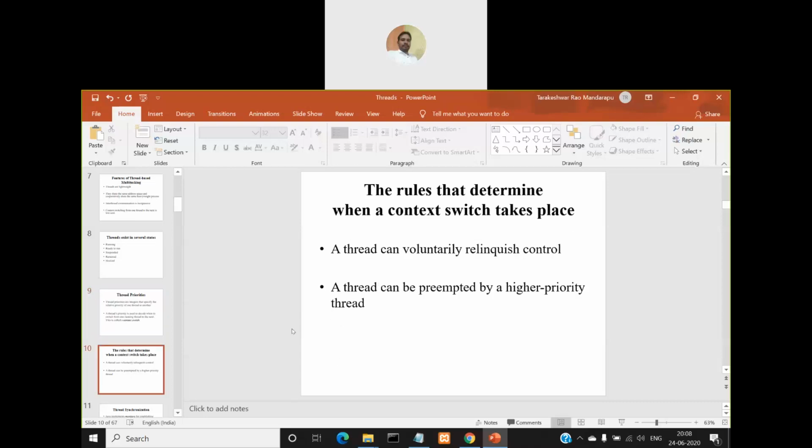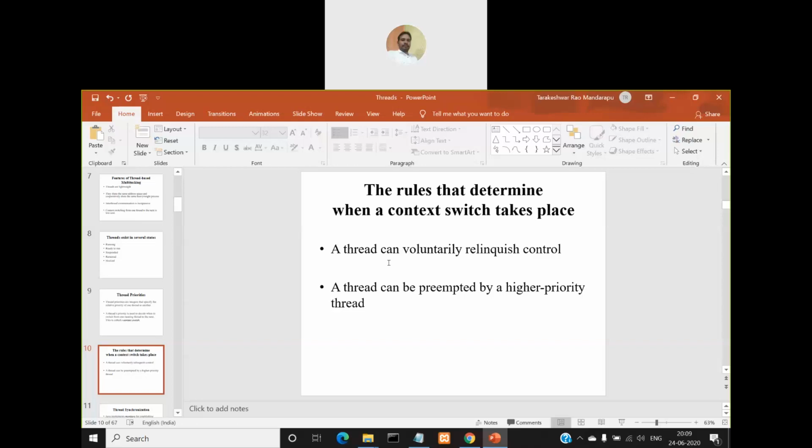So what are the rules that determine when a context switch takes place? A thread can voluntarily relinquish control. That means a thread has completed its execution, and it will relinquish control of the resources it is using. A resource here means the CPU, RAM, or any other resource that we mentioned earlier.